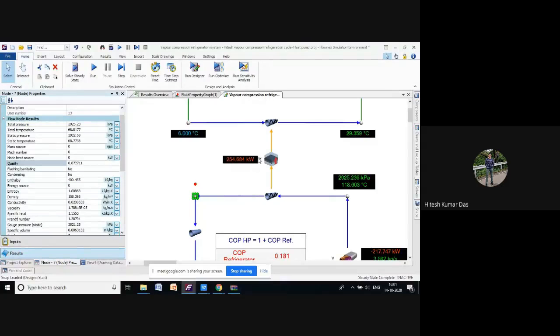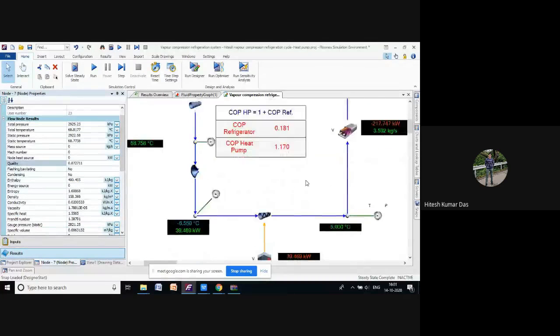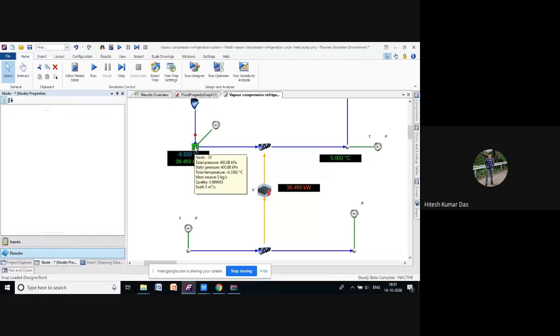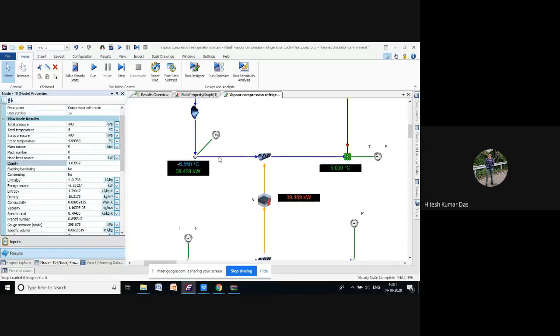How much heat is rejected? This much, 254.684. The same thing for the evaporator. After solving for steady state, you can check the pressure also. The inlet pressure is 400 kilopascal and the outlet also 400, meaning here also heat is added to the system at constant pressure.